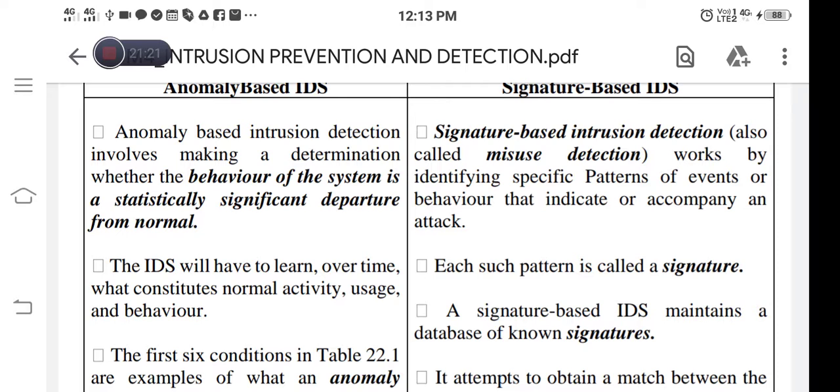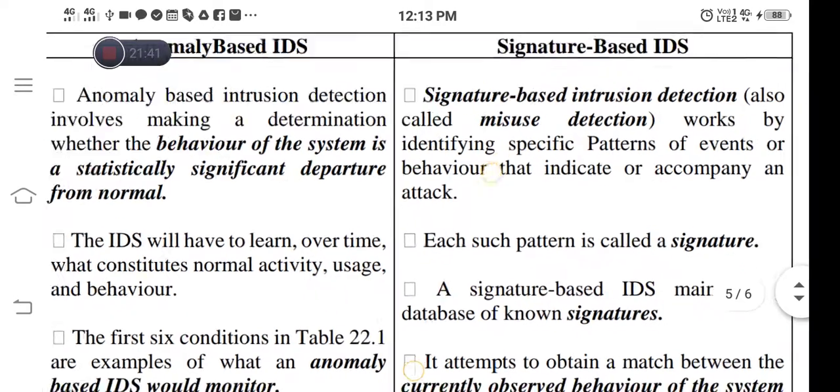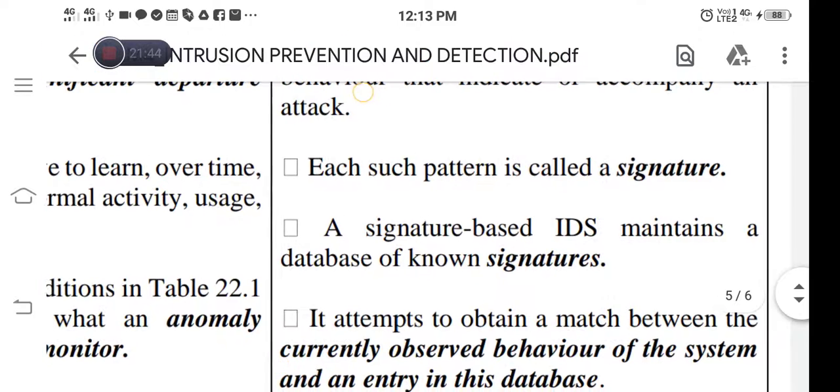Each specific pattern identified by the signature based IDS is called a signature. The signature based IDS maintains a database of the known signatures, that is, the possible specific patterns.